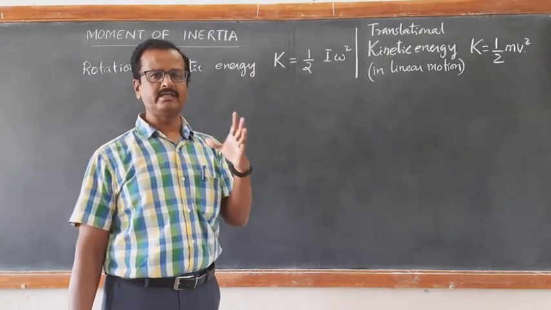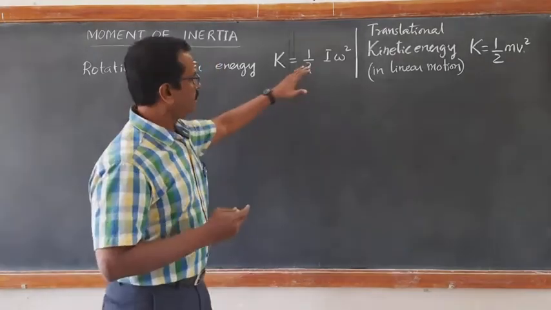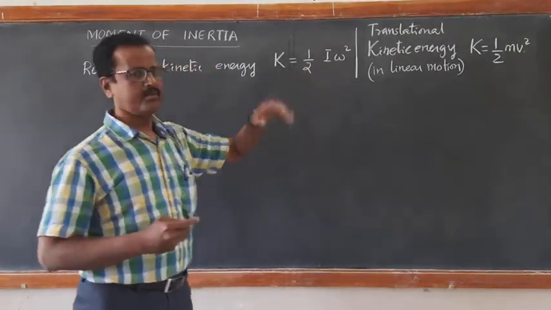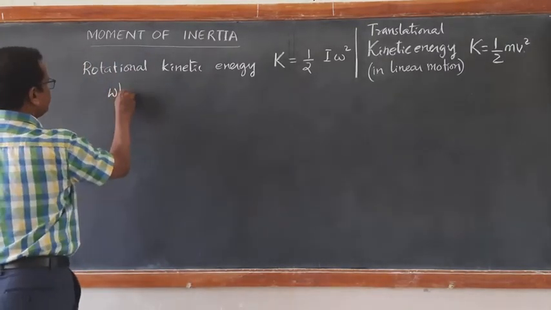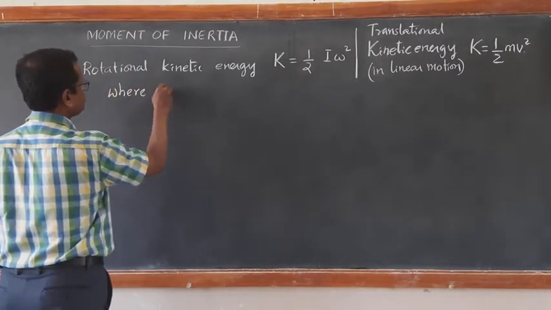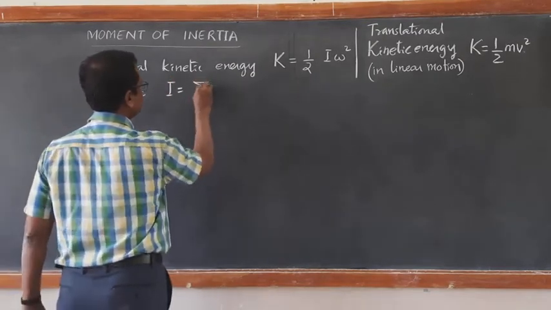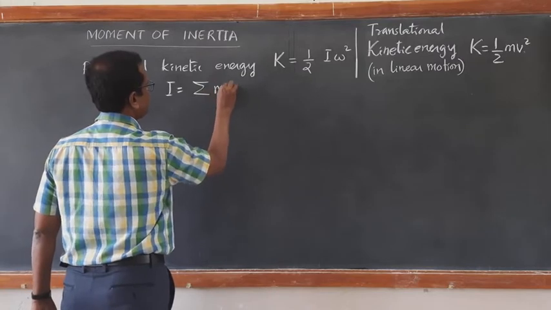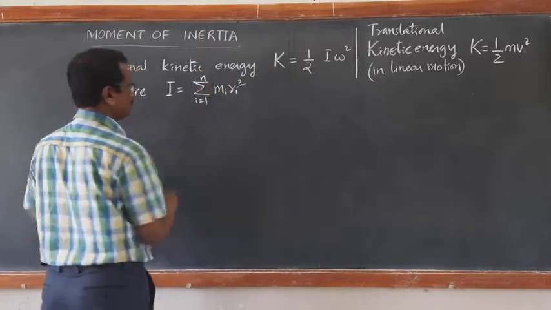Now we will learn what are the factors on which moment of inertia depends. If you check the equation for I, I will write it: I is equal to summation of m_i r_i square, i equal to 1 up to n.